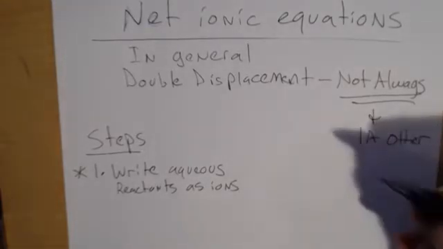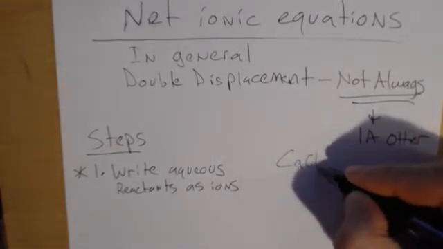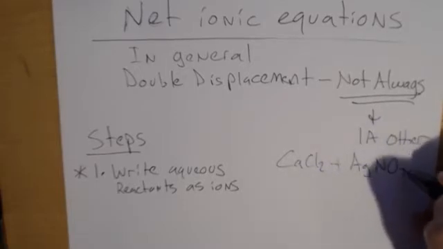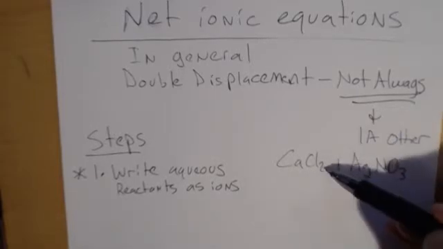Let me go through the example again: calcium chloride and silver nitrate. I need to break these apart into ions. And I put a star. This is actually one of the hardest steps. It's a reverse of the naming skill. So in a sense, you can reverse the charges.